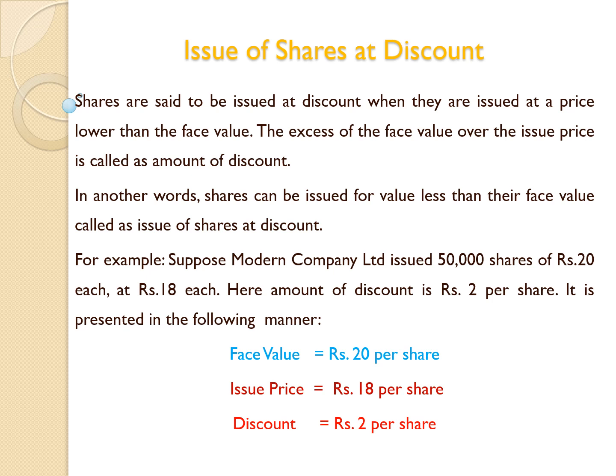It means the difference between face value and issue price is rupees 2, which is termed as discount per share. Therefore, a share having face value rupees 20 issued in the market for 18, so discount per share is rupees 2.